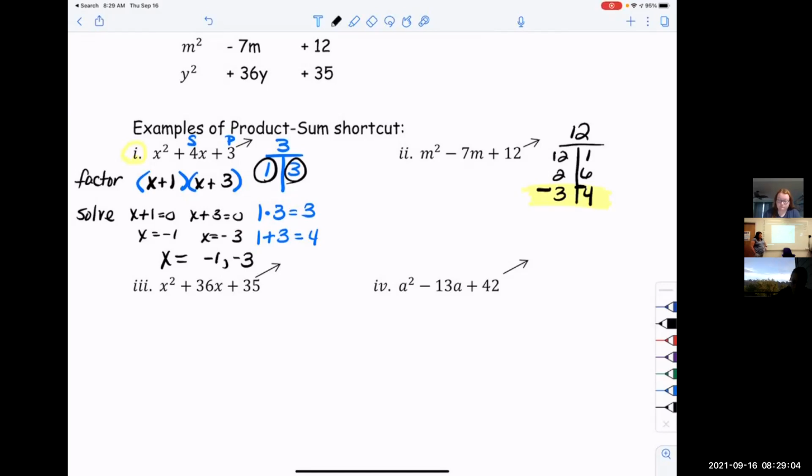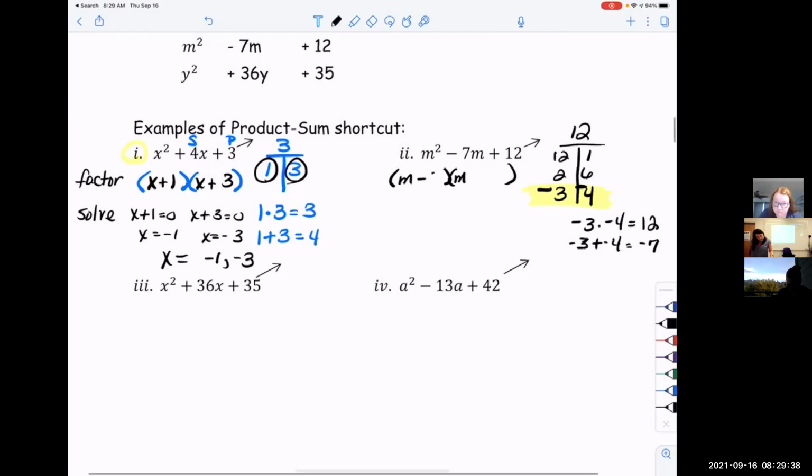All right, so now we got to check it. -3 times -4 equals what? +12. -3 plus -4 equals -7. So I've got this number and this number. So I'm ready for my parentheses. Split that m squared.